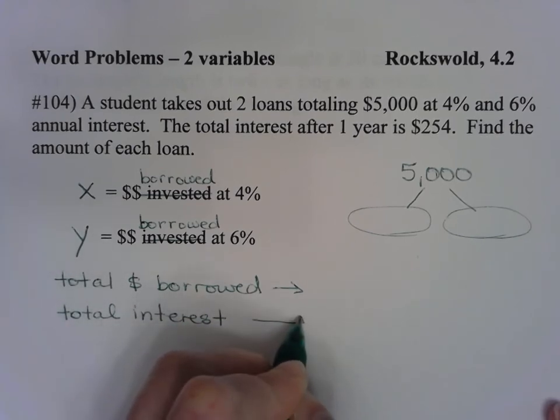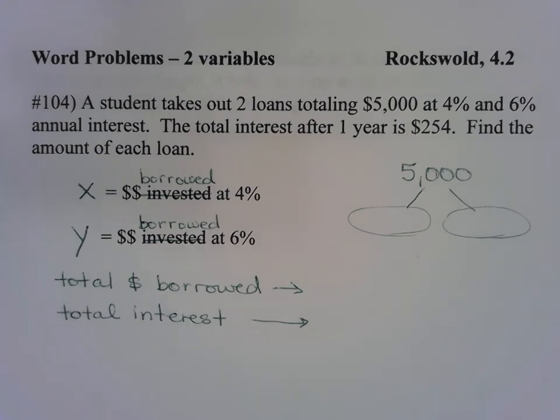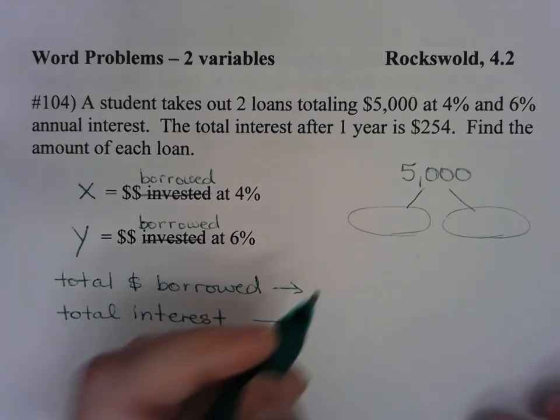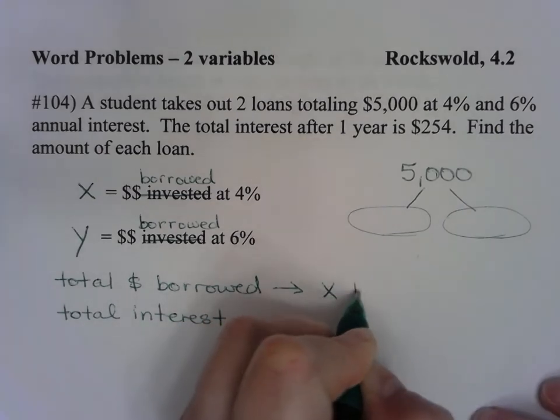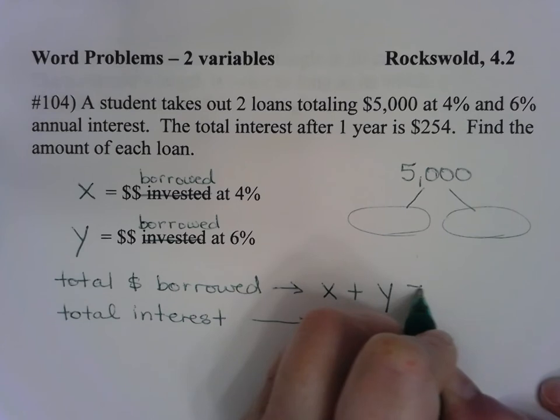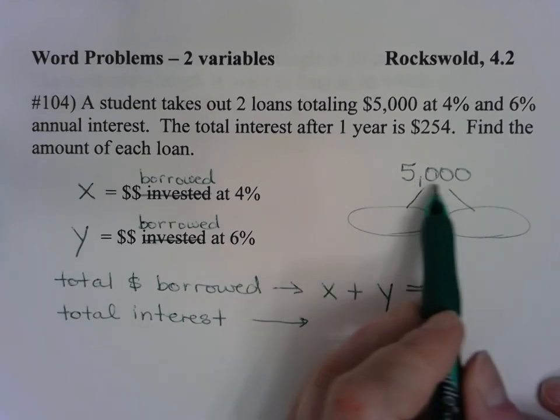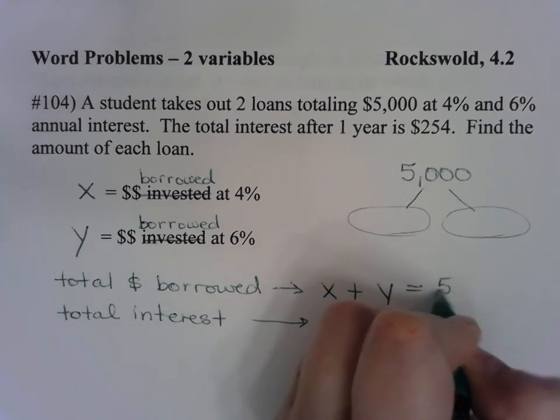Each of those is going to give us an equation. So let's add up how much we've borrowed. We've borrowed some at 4%, some at 6%. That's x and y. So if we add them up, they should add up to this total of $5,000.